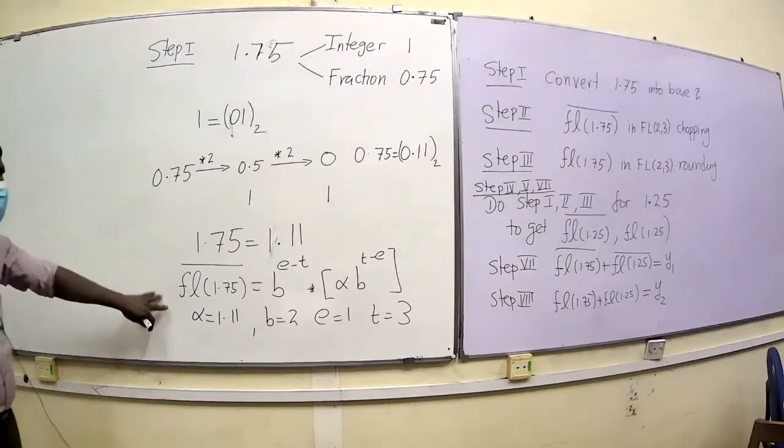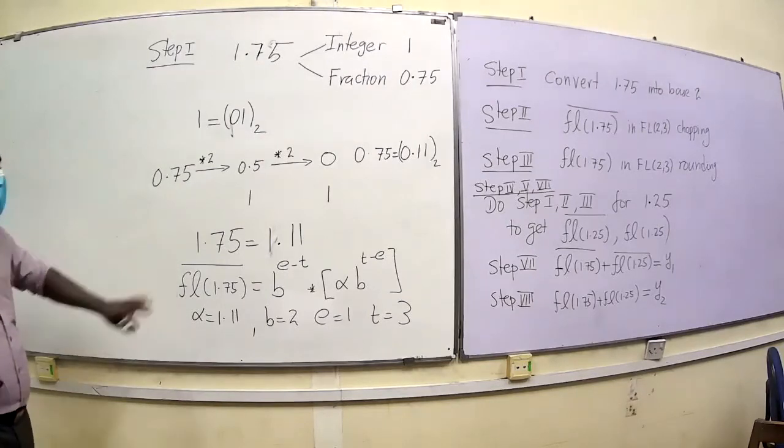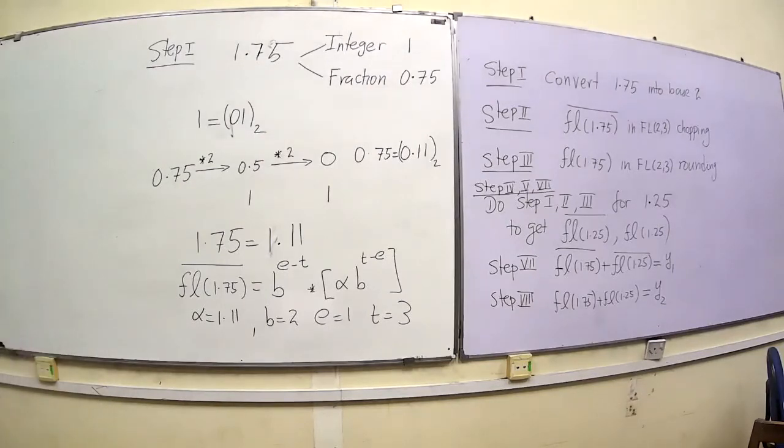Even if you go for floating point representation, you will still get 1.11. So there is no loss in significance. Similarly, for 1.25 also you will have the same thing. You will not lose anything. So eventually your error will become 0. That is why I gave these simple numbers, because first you try to practice the pattern, how to do this problem.